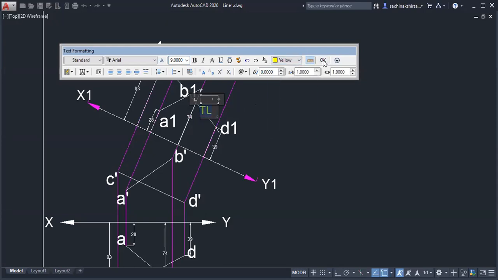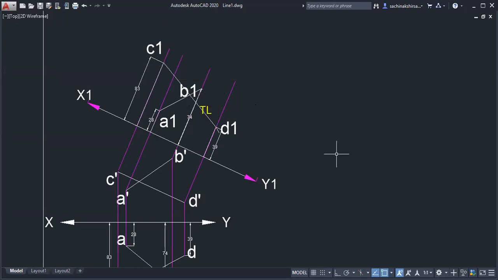I will highlight here: C1 D1 is a true length, because X1 Y1 is parallel to line C dash D dash. Hence, here we got C1 D1 as a true length. I have written here true length.